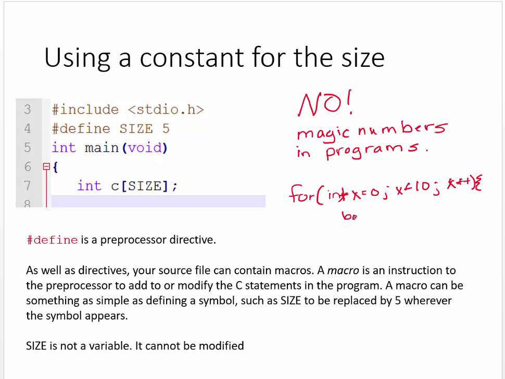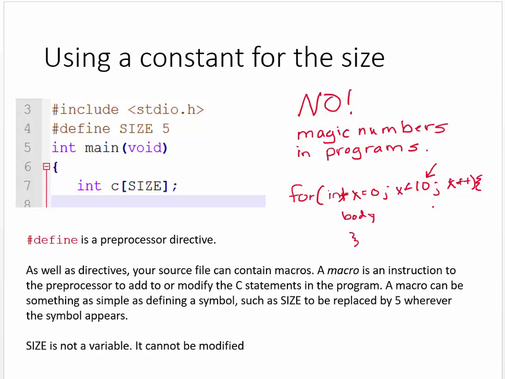And then I have some body of whatever I do in the for loop. This number 10, this is a magic number. Why is it 10? From here on out, you should never ever define your for loop with a number in like that. Somebody will come back later and ask, why is it 10?